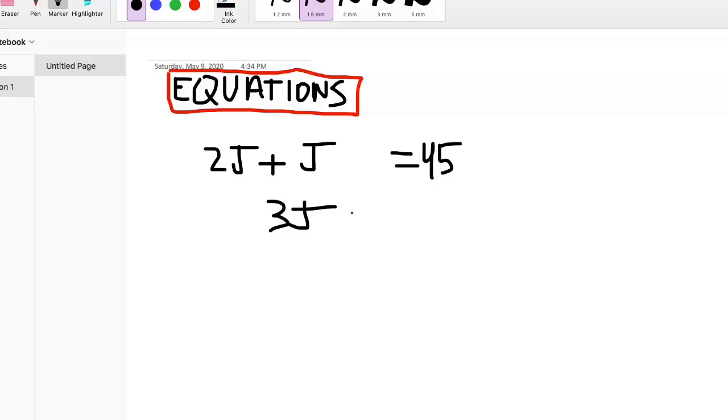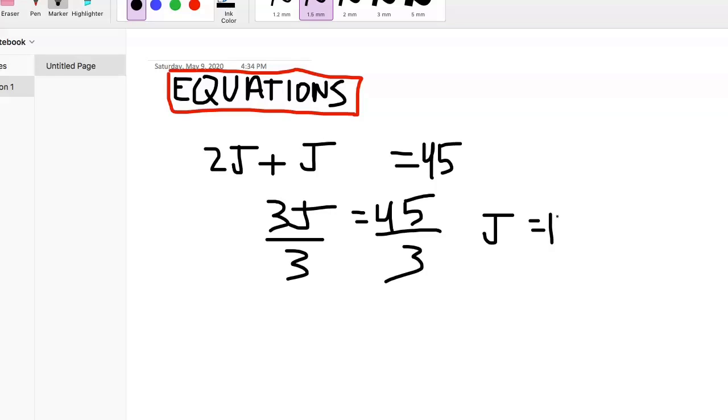3J is 45. We're just going to divide each side by 3, which I think is what we did in the last problem too. Yep. And so now we know that J is 15. Now remember what that means though.